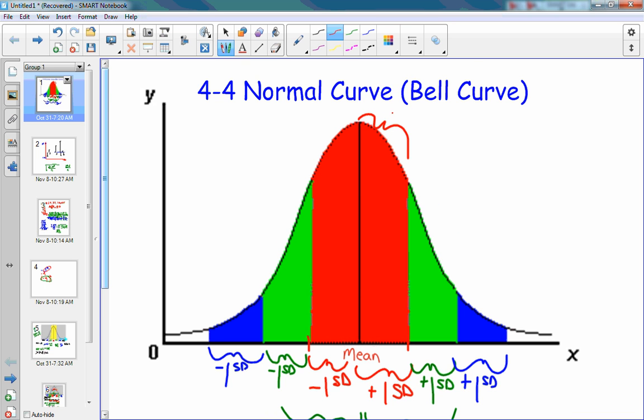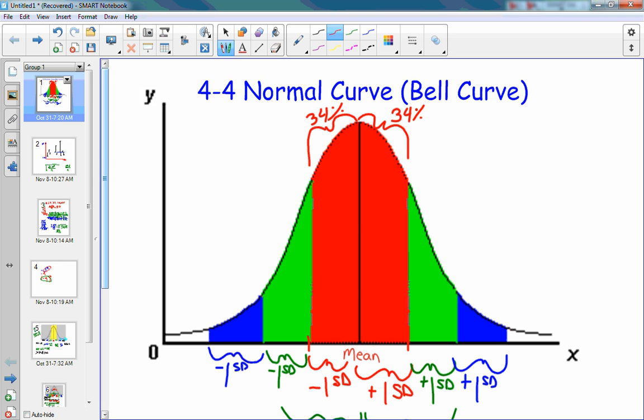What's half of 68? Yep, 34% on this side, and on this side, 34%. So 34% of all the data you're analyzing is going to fall within one standard deviation of the mean. 34% this way are going to be bigger than the mean, 1 standard deviation away from the mean, and 34% are going to be less than 1 standard deviation from the mean.